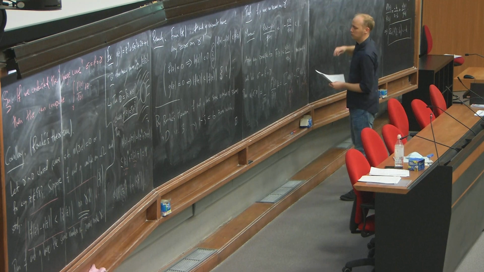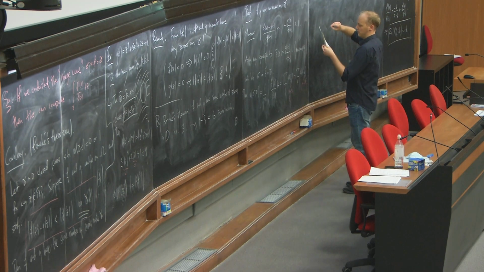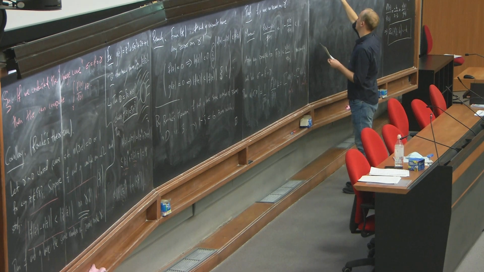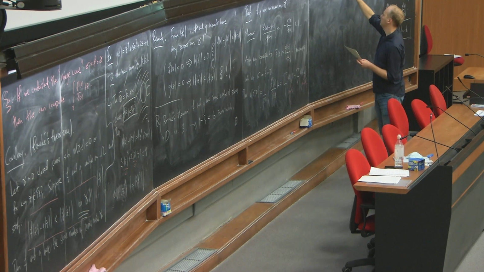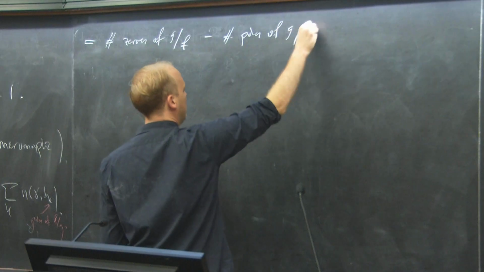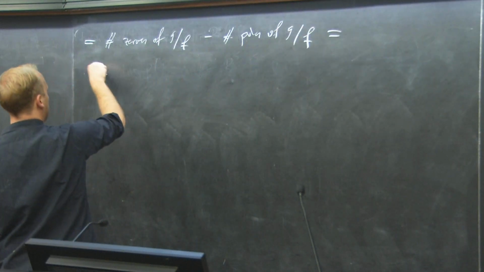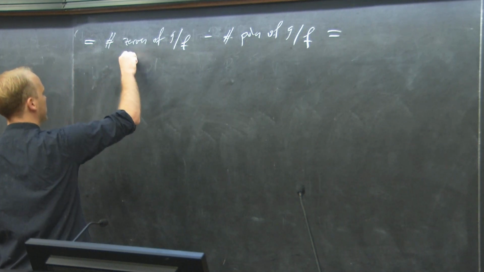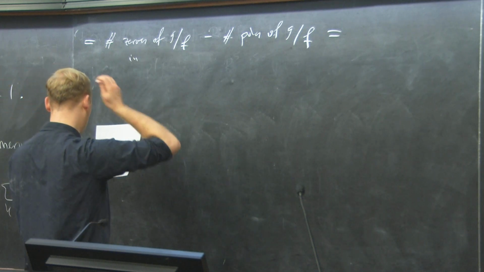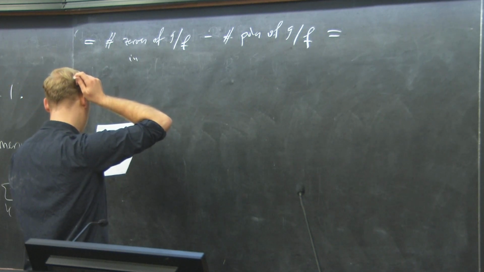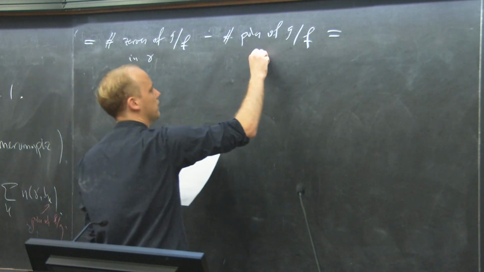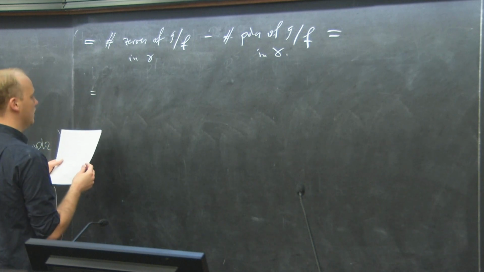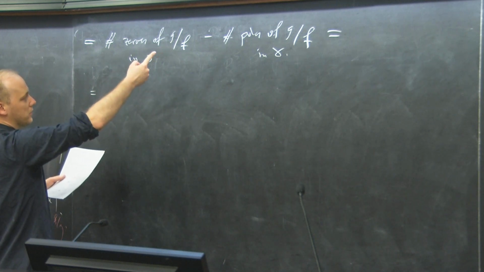Let me erase this board. Okay, so this is equal to the number of zeros of g over f minus the number of poles of g over f, inside of gamma. But now, how can we tell the number of zeros of g over f?